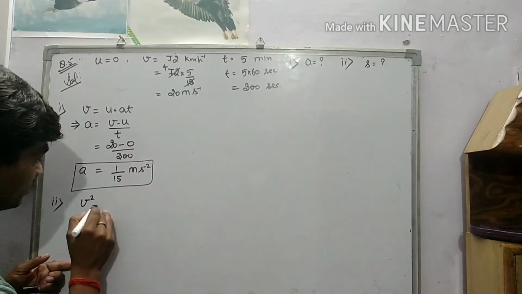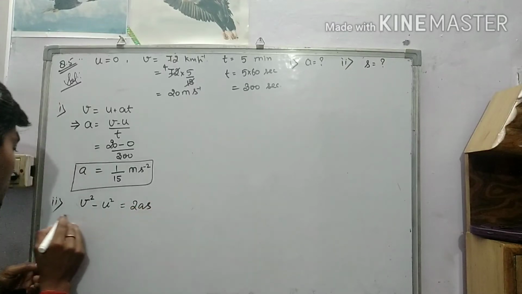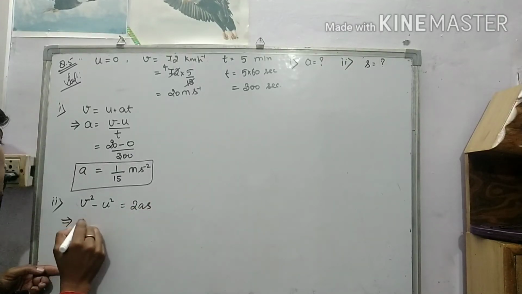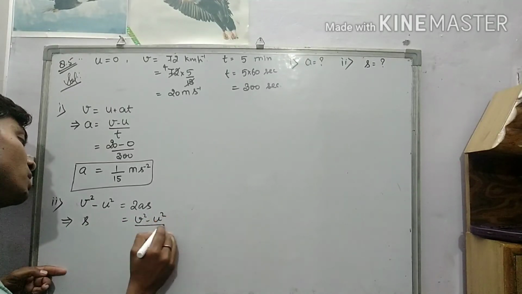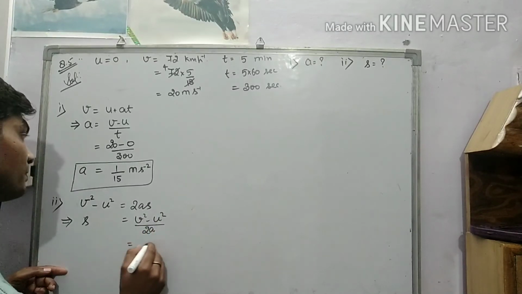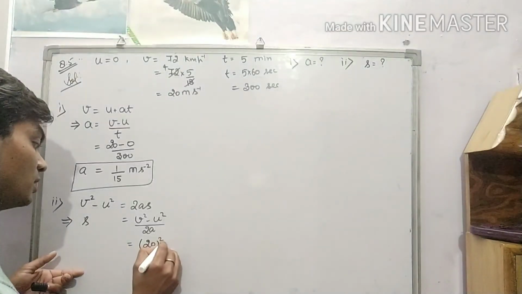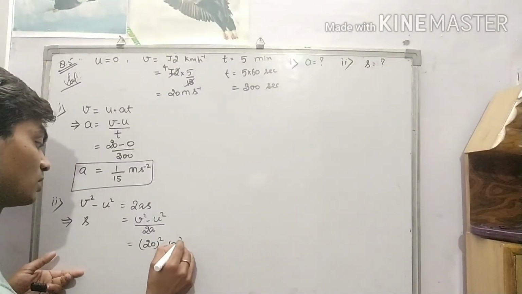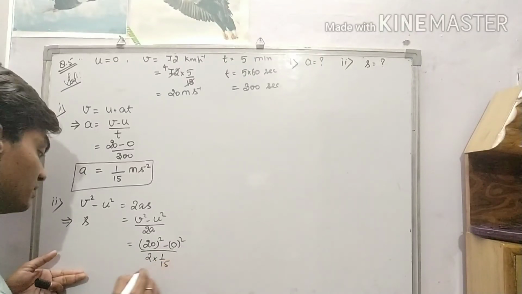Second, which equation can we use? V square minus U square equals 2AS. This implies S equals V square minus U square upon 2A. What is V here? V is equal to 20, square. U is 0. 2 into 1/15.